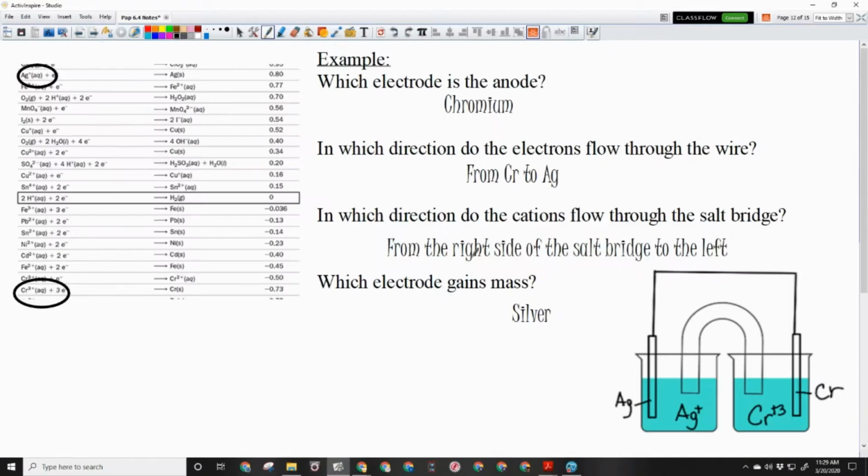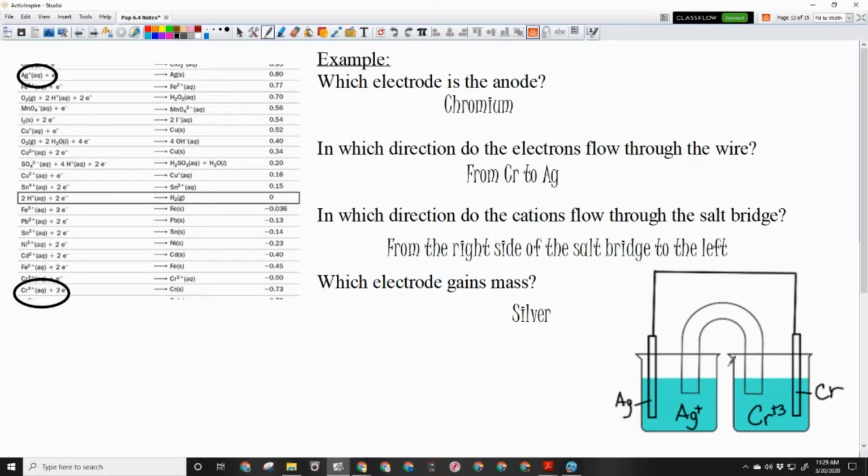All right, so let's look at another cell. Here, in this electrochemical cell, we have a silver plate here and a chromium plate here. So we have to have chromium ions on this side and silver ions on this side. We have some kind of salt solution in this salt bridge here, and these are connected by a wire.